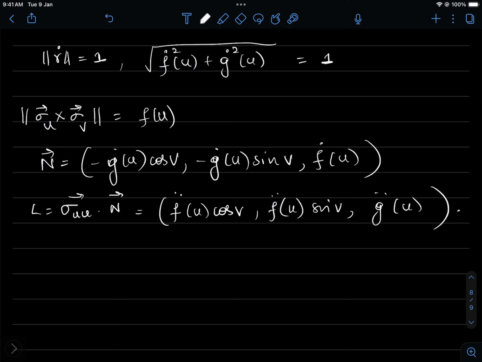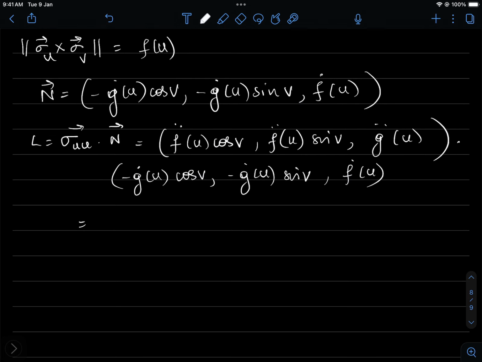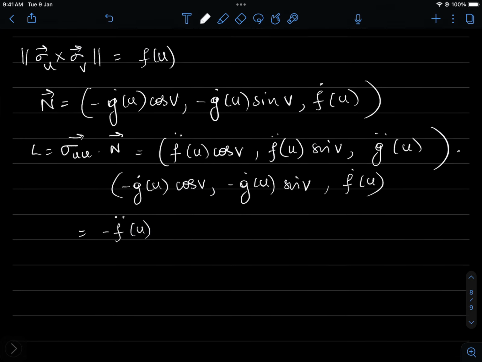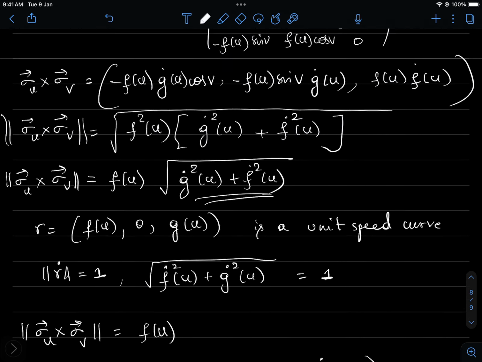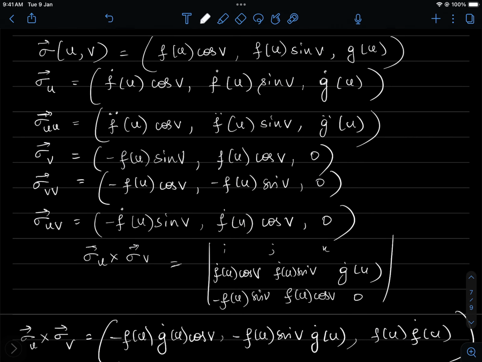This is dotted with this n vector: minus g dot u cos v, minus g dot u sin v, f dot u. So when you take the dot product, multiplying the components, what do you get? F double dot u minus... there is sigma uu, there is a sign mistake.